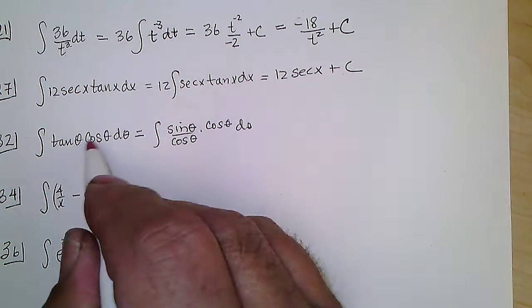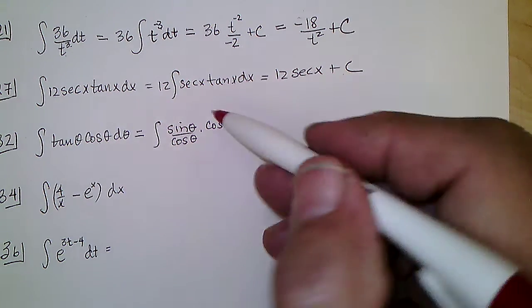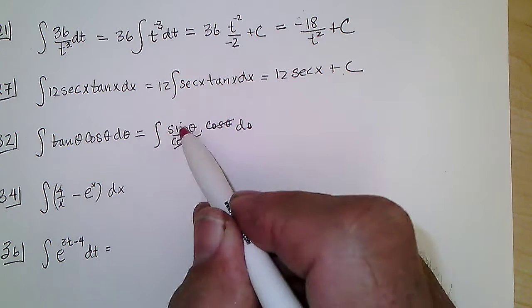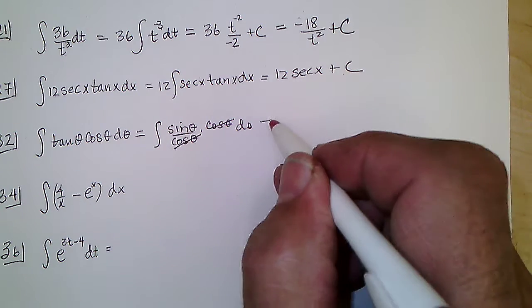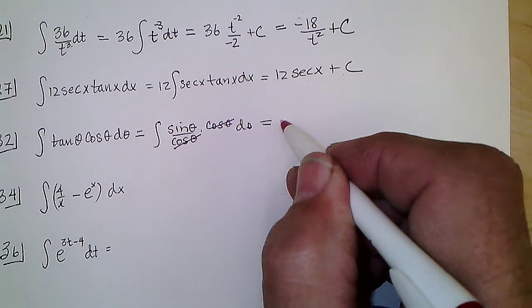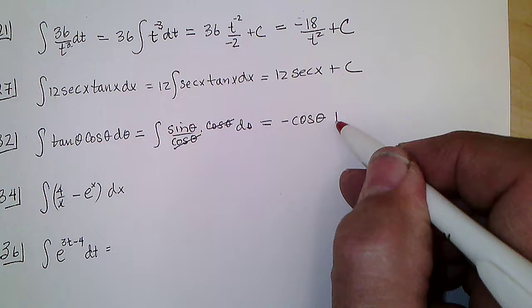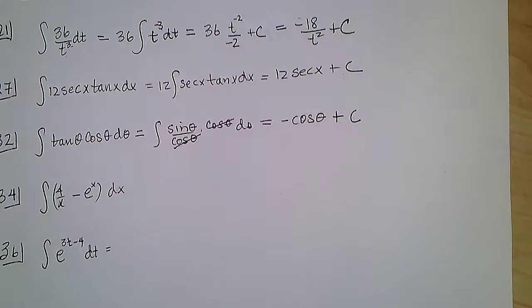I can't split this because this is multiplication, but these cosines would cancel, and so then I just got the integral of sine theta d theta, and the derivative of negative cosine theta is sine theta, and then plus the c.